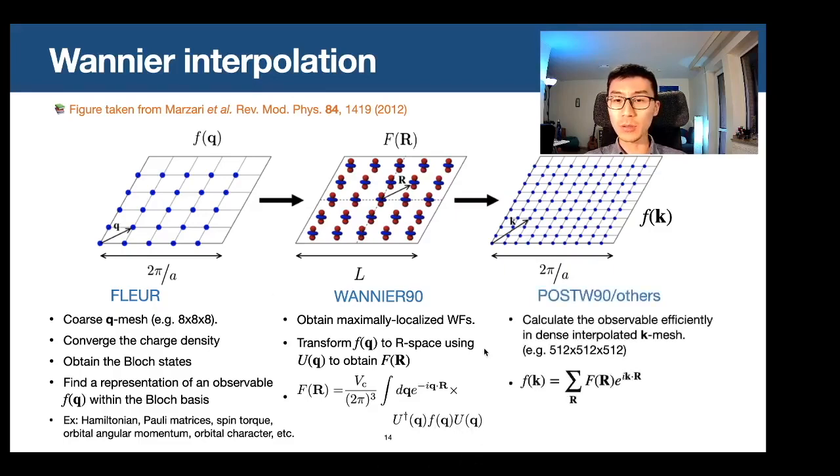Then what you do is you Fourier transform back to K space, but now K is simply a parameter, so you can do it in any arbitrary dense K mesh, and then you can calculate some physical quantity in a very efficient way in a very dense mesh. This mesh could easily go up to 500 or 1,000 as long as you have computation power.